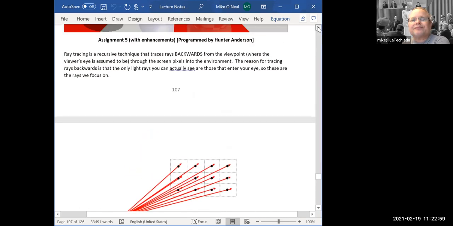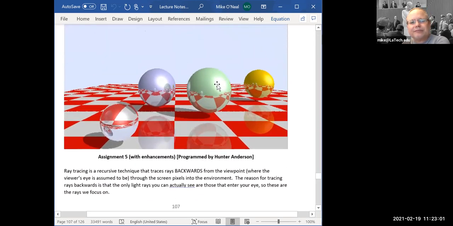So if you look, the checkerboard is not as shiny, is not as reflective as the balls, right? So the local value of the color here is weighted more highly. Maybe it's 80%, and maybe only 20% is the reflected and the refracted. Whereas it's probably the opposite here. These balls do have some local color, right?